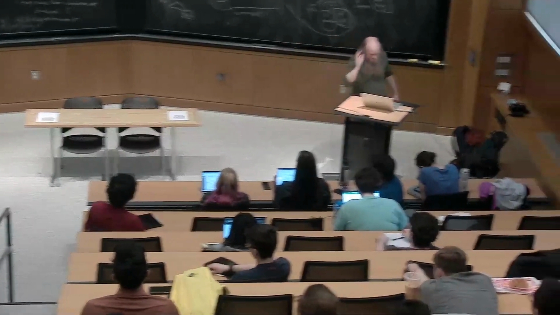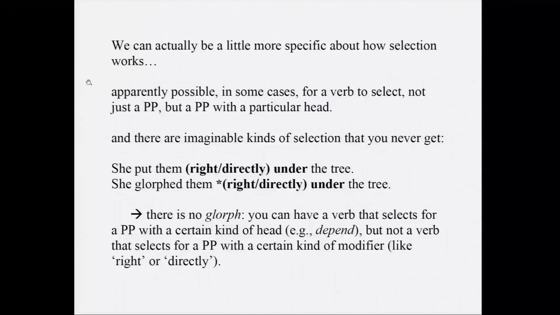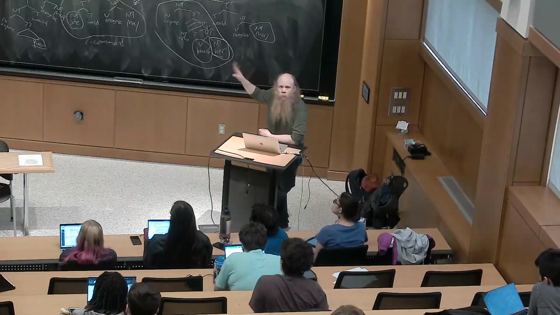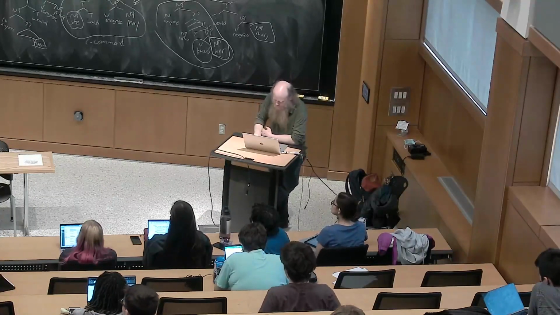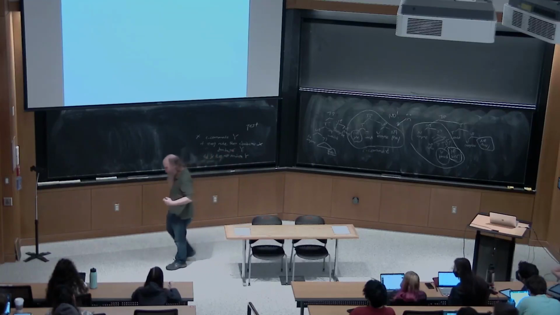Okay, but there are no verbs, there's no glorf, there are no verbs that say, I want a prepositional phrase, I don't care what the preposition is, but I want it to be modified by right, or I want it to be modified by directly, or even just, I want it to be modified. Yeah, there aren't verbs like that. So it looks as though heads, like verbs, get to select for phrases, and this is an old observation of Noam Chomsky's in a 65 book of his.